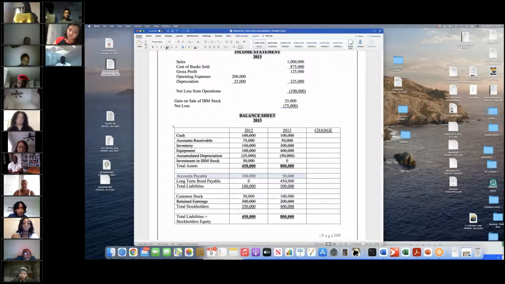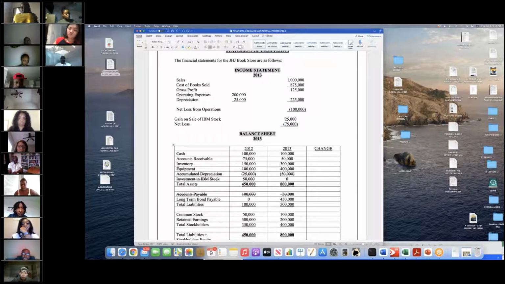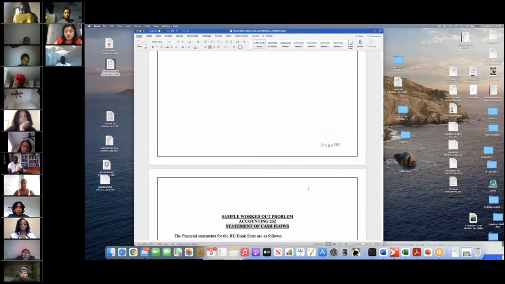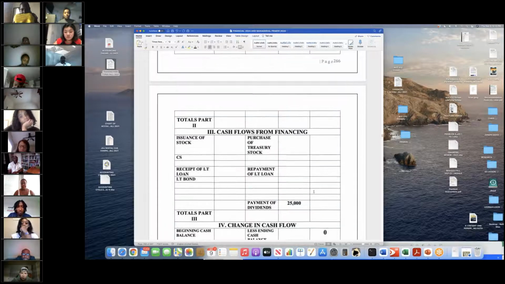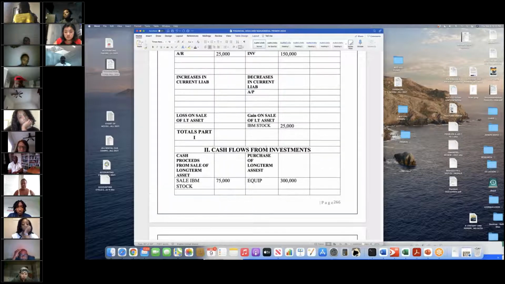It decreases. Okay. So this is going to be a use. So accounts payable, we had a decrease in it. If it increased, it'd be on the other side.